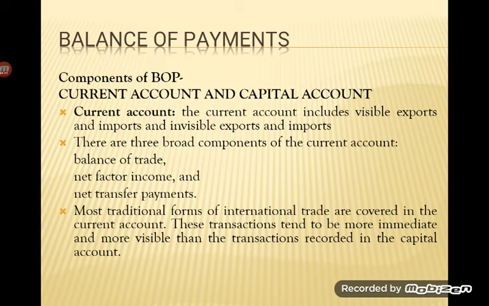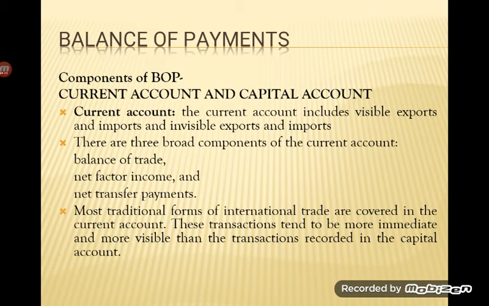There are three broad components in the current account. Balance of trade refers to the statement of record of all the tangible goods exported and imported from and to a country. Then net factor income. Factor refers to the factors of production.